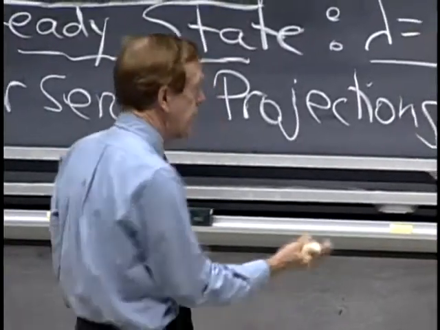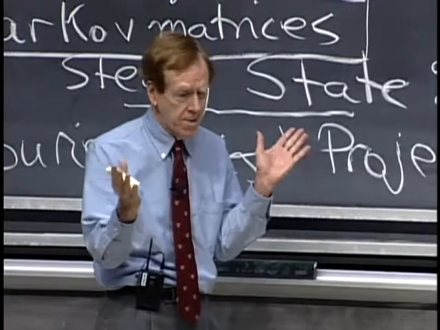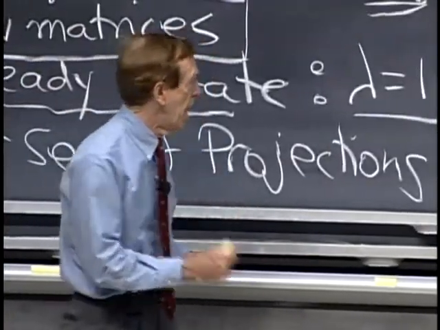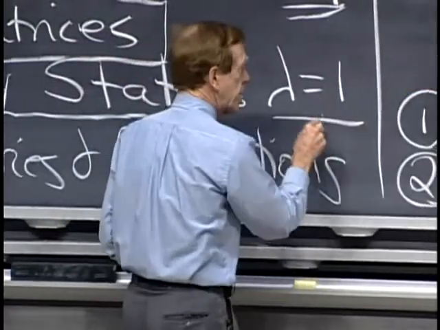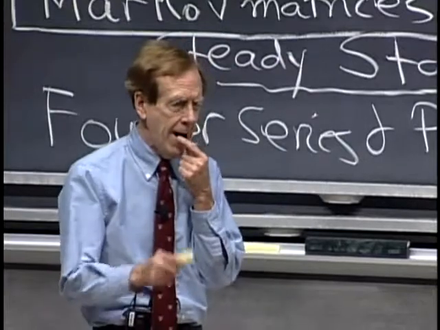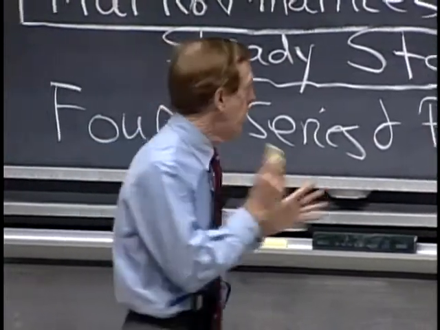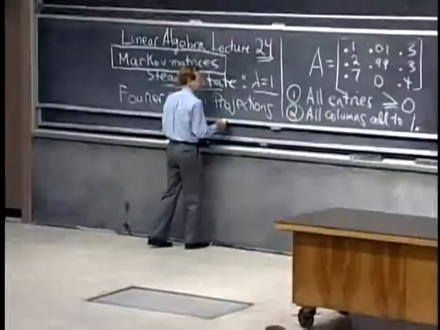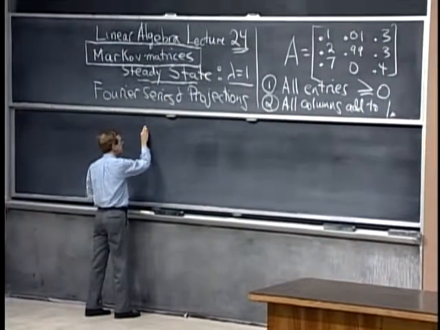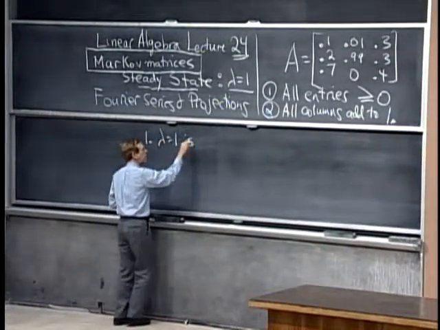So you can actually find that eigenvalue of a Markov matrix without computing any determinants of A minus lambda I. That matrix will have an eigenvalue of 1, and we want to see why. And then the other thing is, the key points, let me write these underneath. The key points are: lambda equal 1 is an eigenvalue.